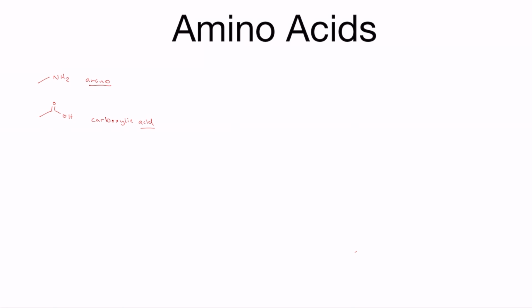The neurotransmitter GABA is one such example. So this is what GABA looks like. And you can see it has a carboxylic acid group and an amino group, so hence it's an amino acid. Now GABA is actually an acronym.